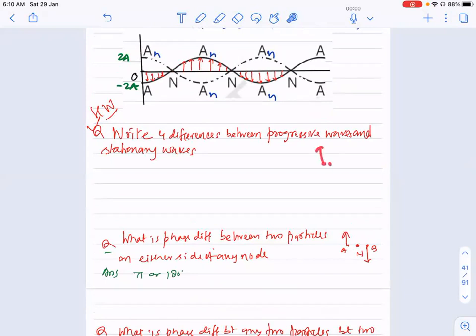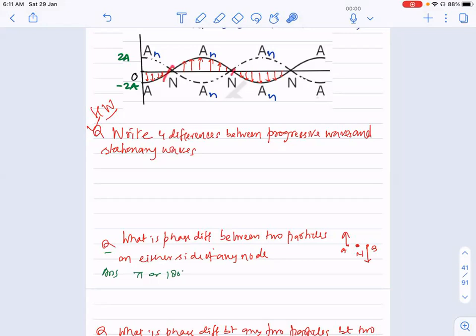The first particle goes up, then this one goes up later. In a progressive wave, progressively all the particles reach the same amplitude, one by one. They are not in phase; they are out of phase, having some phase difference.